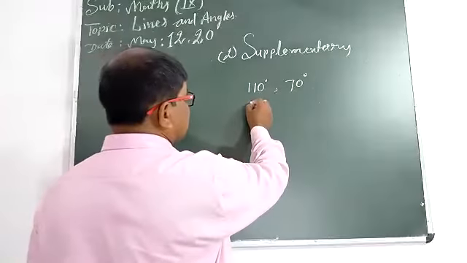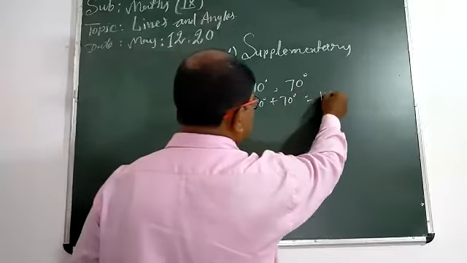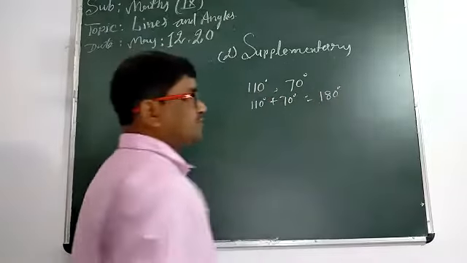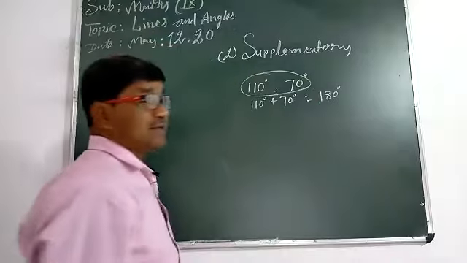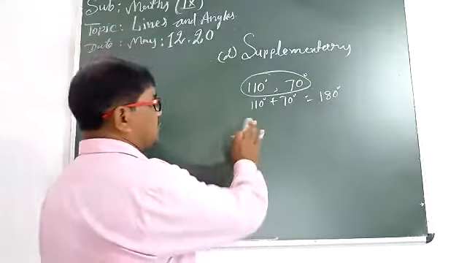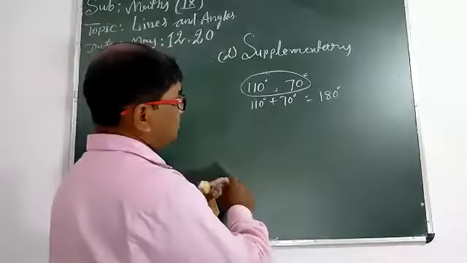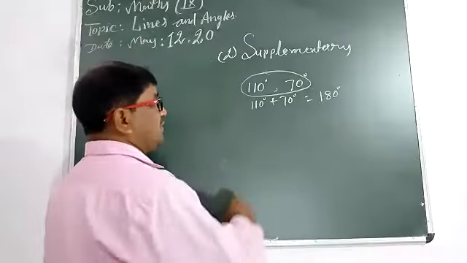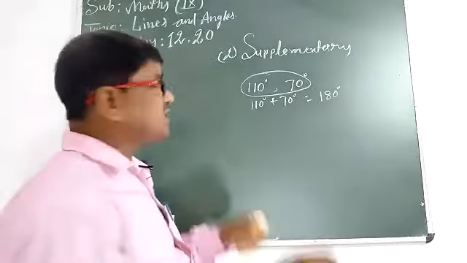After adding these together, 110 plus 70 degrees equals 180 degrees. These types of angles are called supplementary. This is the property of supplementary. It means if the sum of two angles is 180 degrees, they are called supplementary to each other.